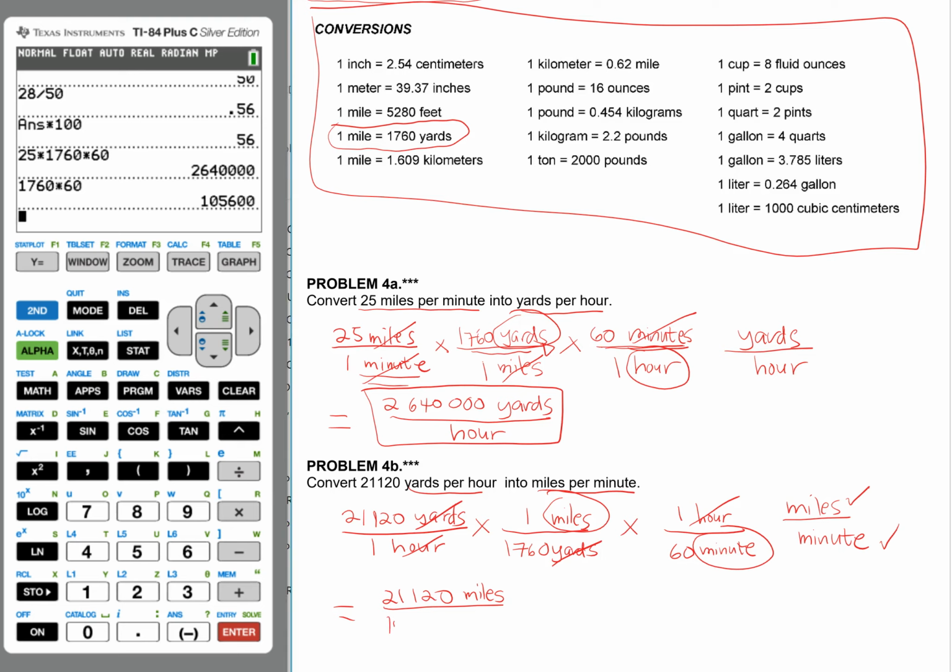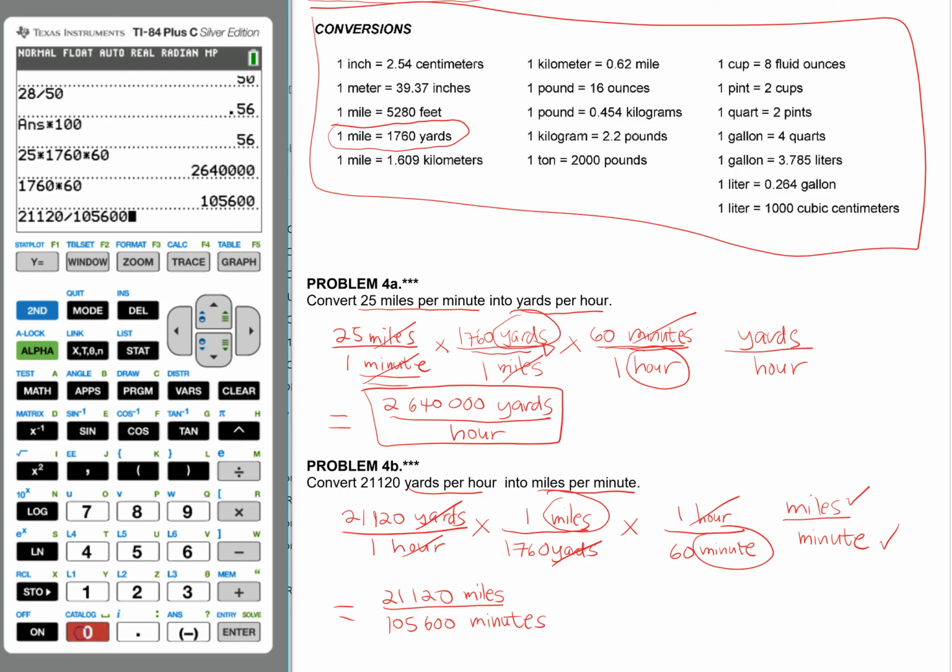This would be 105,600. So what's left here would be minutes. Let's just divide this. So this would be 21,120 divided by 105,600.